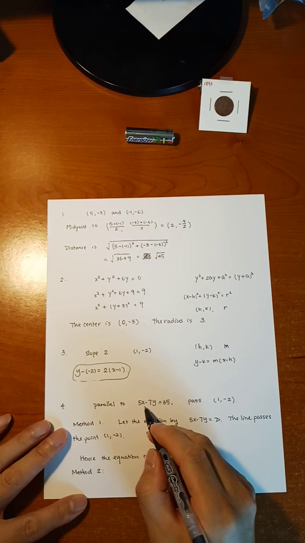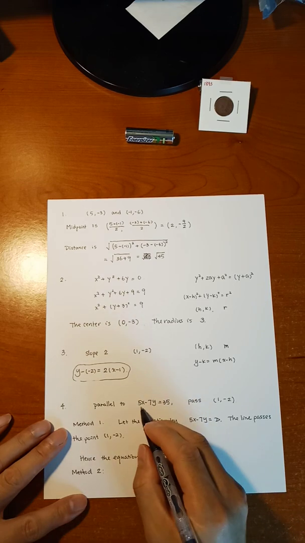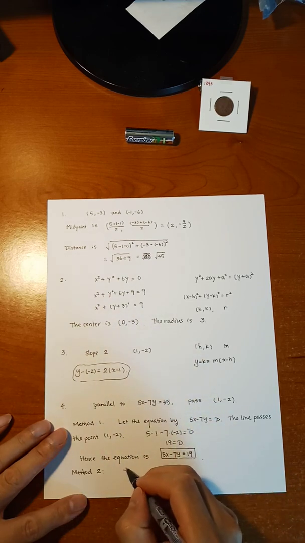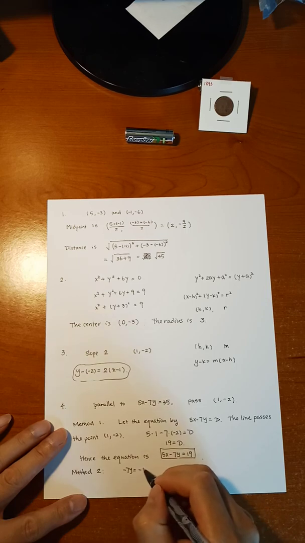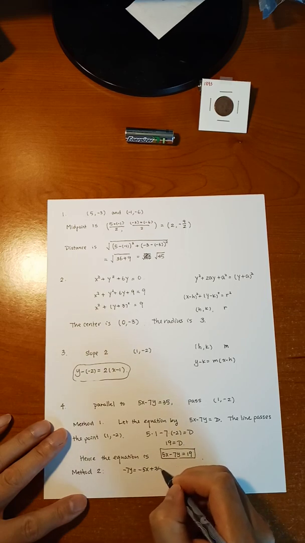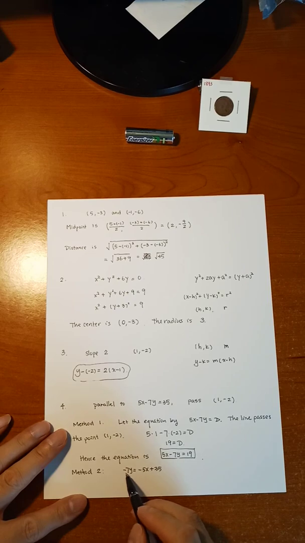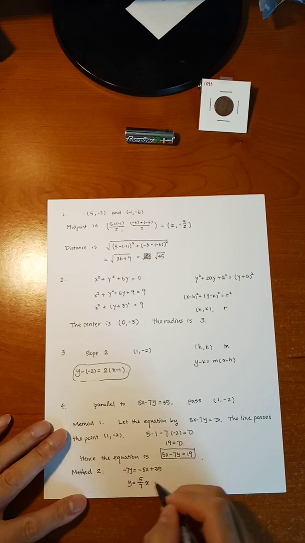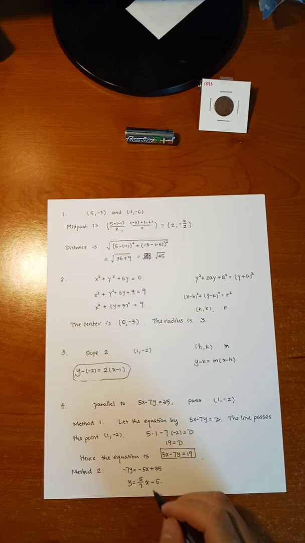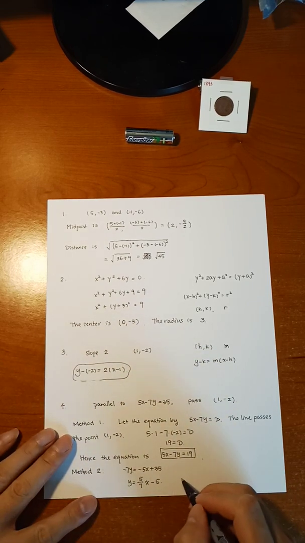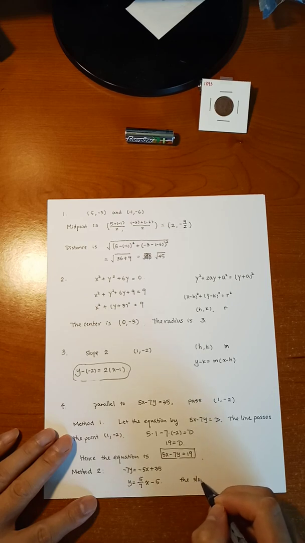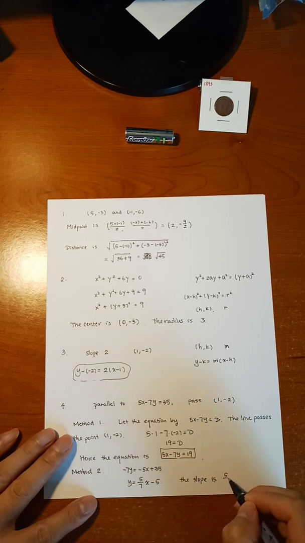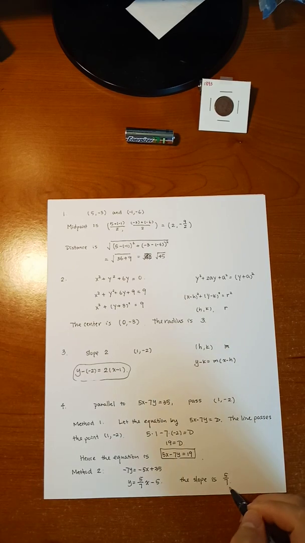Method 2, from the first equation, we move 5x to the right side. We get -7y is equal to -5x plus 35. Then we divide the equation by -7. So y is equal to -5 over -7, which is 5 over 7 x, and 35 over -7 is -5. This is the slope-intercept form, and from here you can see that the slope is 5 over 7.